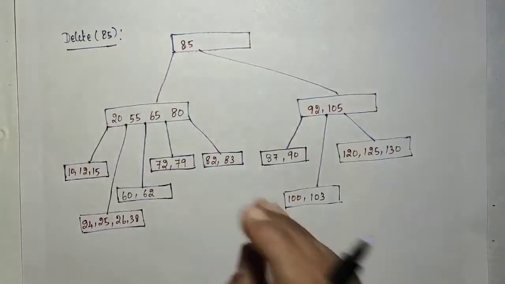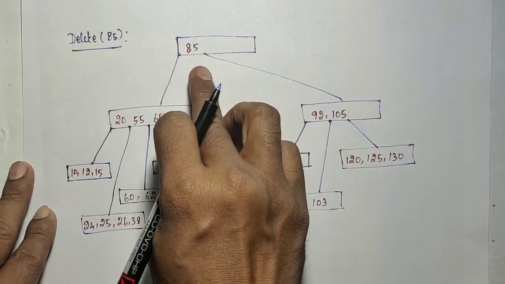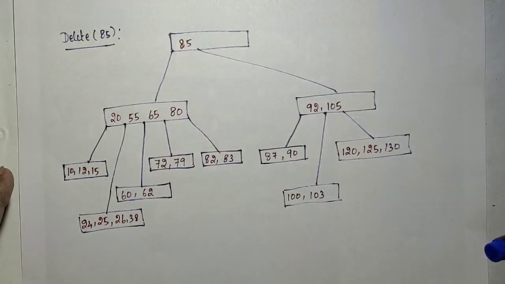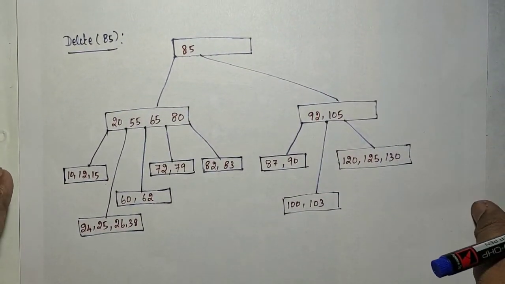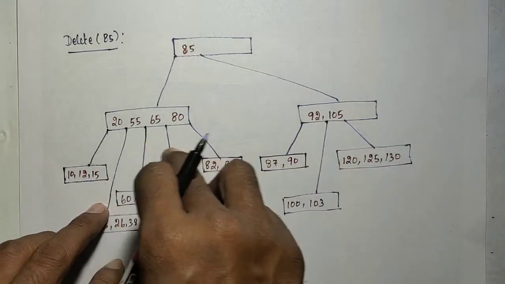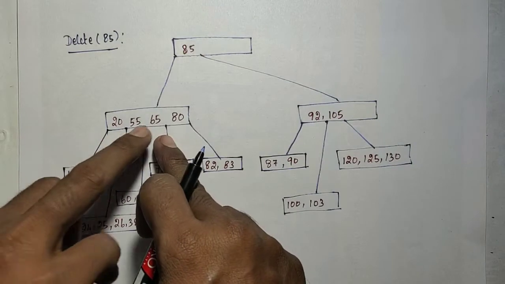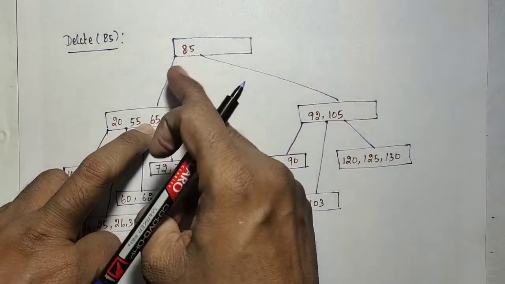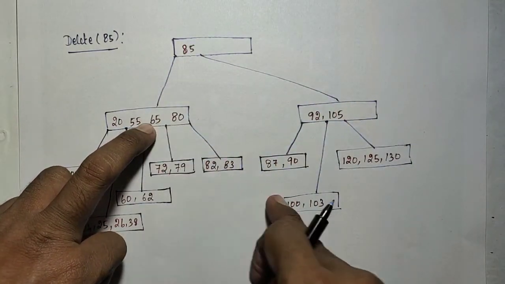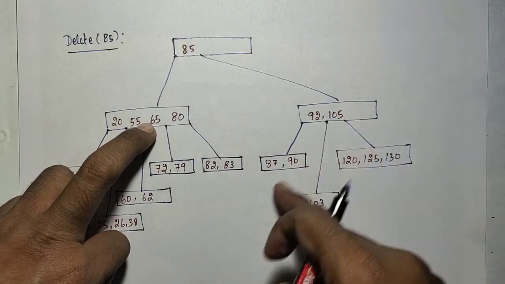That is the root, so the element to be deleted is present in the root itself, correct? So we have to follow the same procedure we followed for the internal nodes. I need to pick one element from the left subtree or right subtree: if you go with the left subtree, the rightmost element; right subtree, the leftmost element.